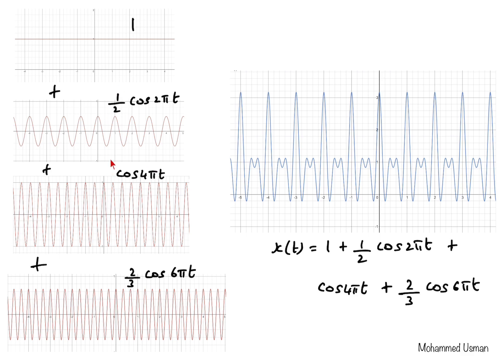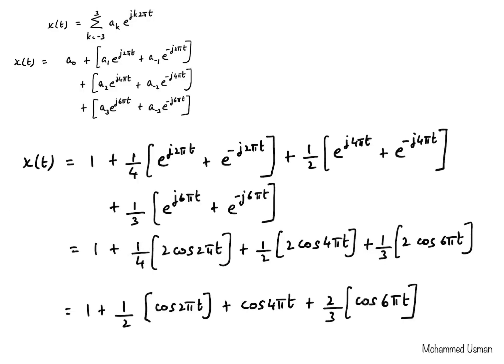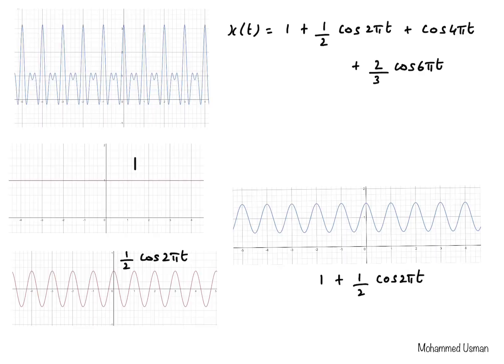The 4 pi frequency component has an amplitude of 1, and the 6 pi component has an amplitude of 2 by 3. So we need to add the correct frequency components with their correct amplitudes together to get our signal x of t. So we have represented our signal in terms of these cosine waveforms, which in turn can be represented in terms of the complex exponential signals. So x of t has been represented in terms of the complex exponential signals.